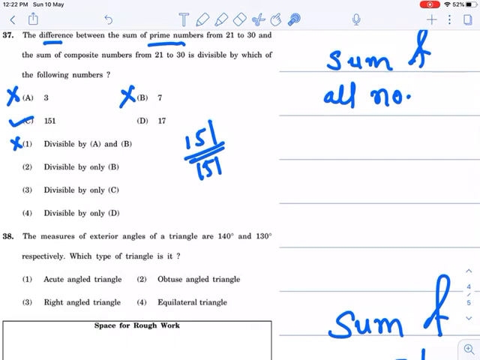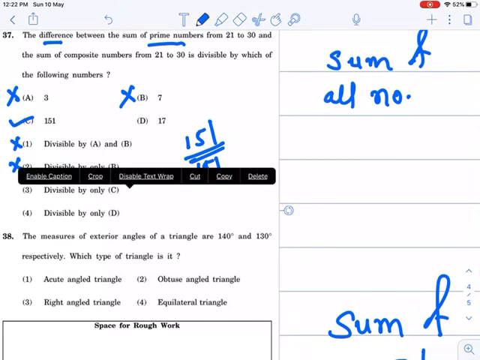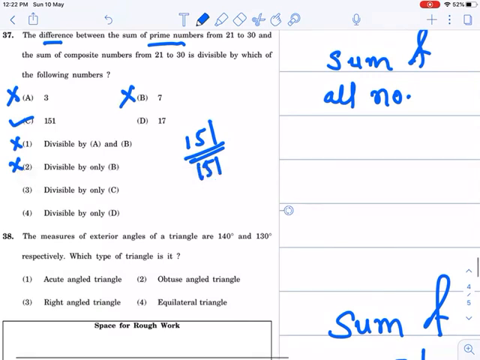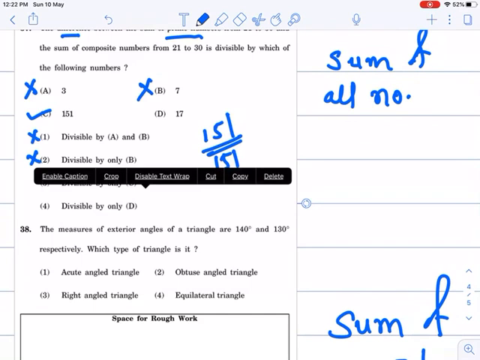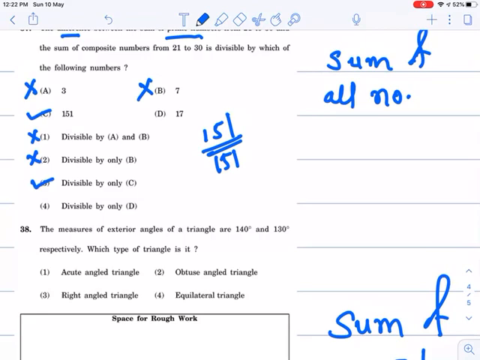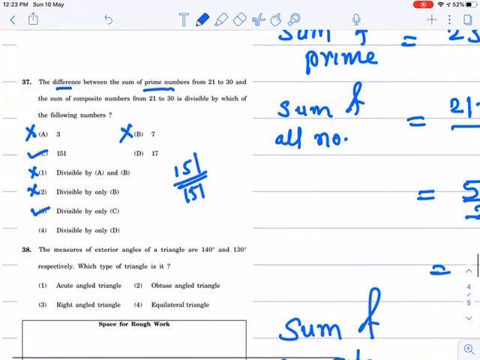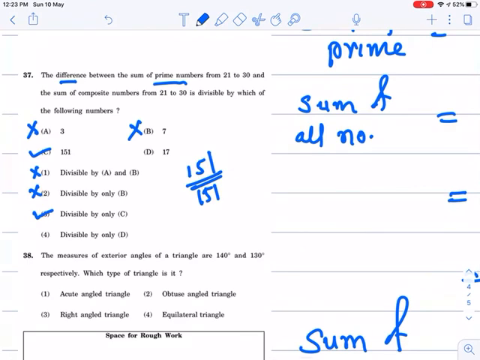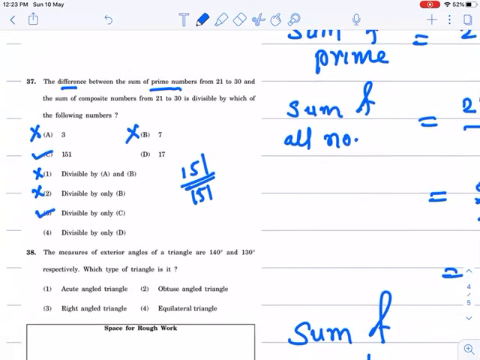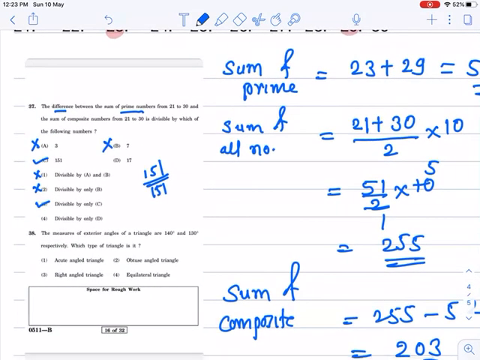So the answer is divisible by C, number 3. So next part we'll see a few more properties and examples based on them. Okay, that's all.